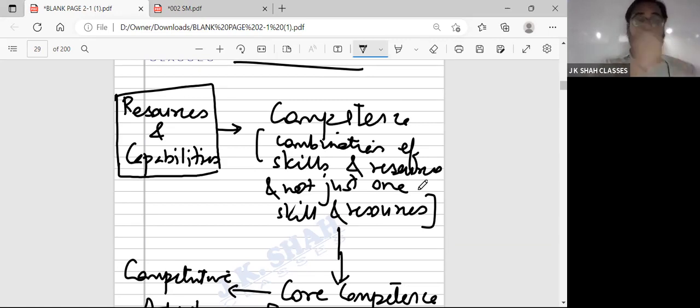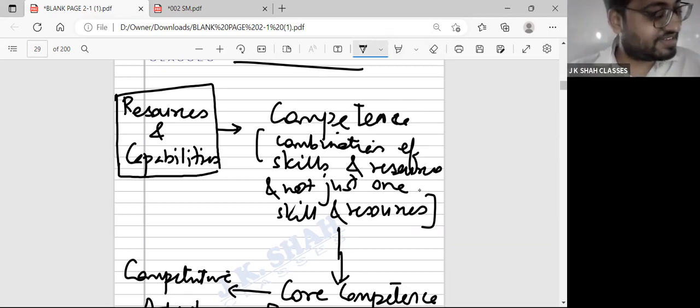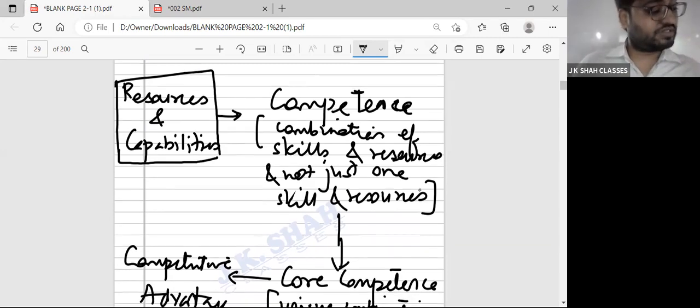Resources and capabilities will result into competence. Competence is a combination of skills and resources, and not just one skill and resource. It should be a combination of skills and resources.